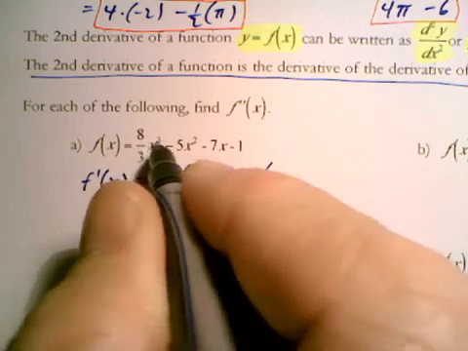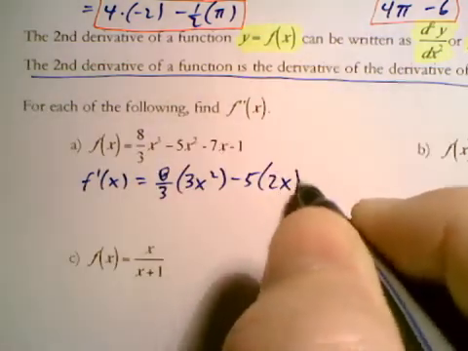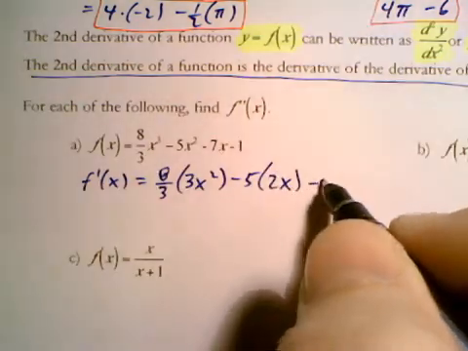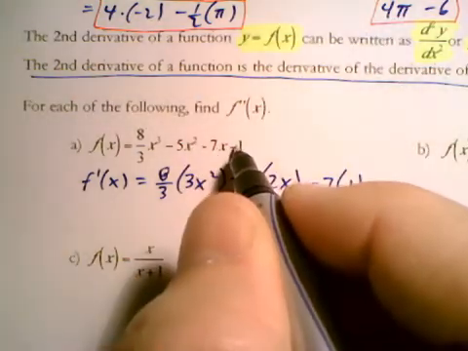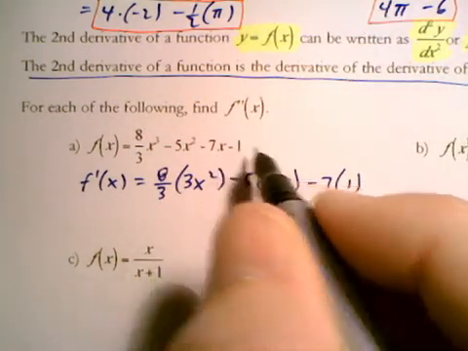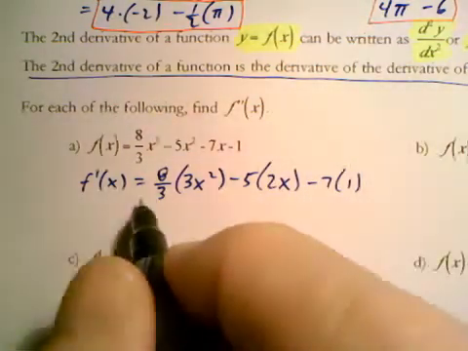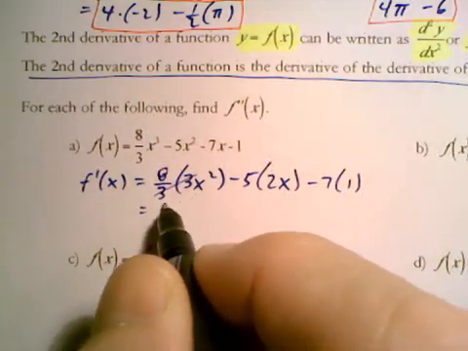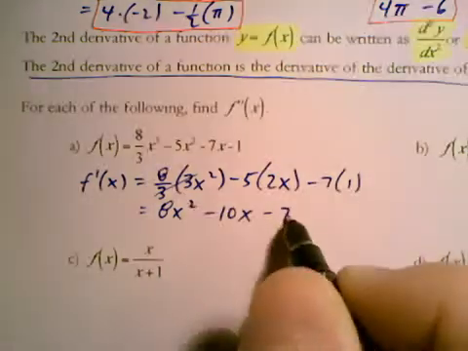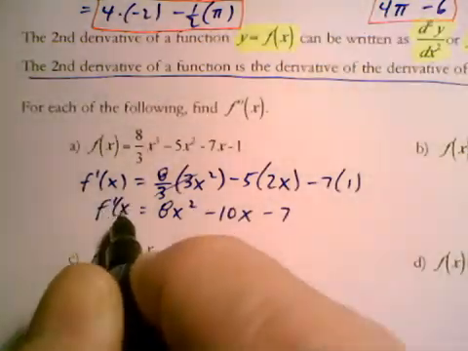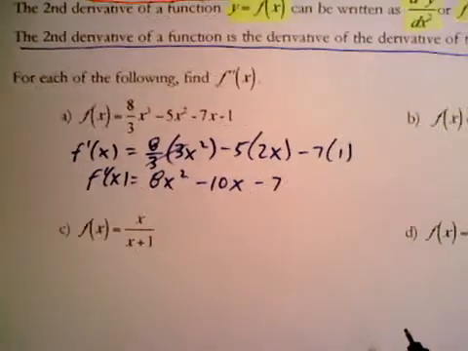That's again the constant multiple rule. The derivative of x squared is 2x, and then minus 7 times the derivative of x, which is 1, and then minus the derivative of 1, which is 0. Let's clean this up a little bit. We have 8x squared minus 10x minus 7. So that's our f prime of x.